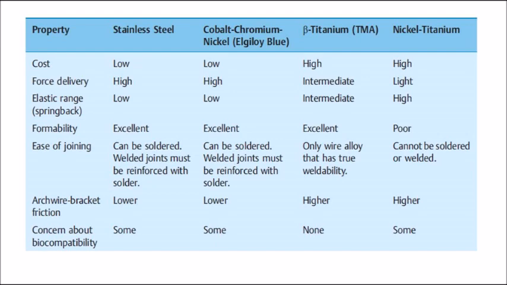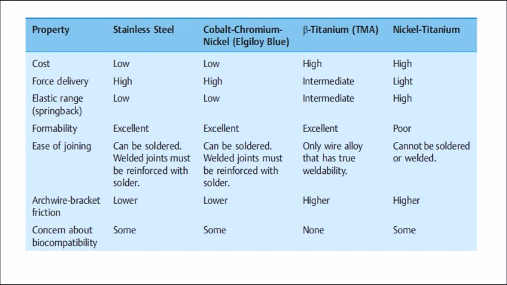Now talking about formability, nickel titanium has very poor formability. You cannot bend nickel titanium wires into any loops or helices. Nickel titanium has the poorest formability, whereas stainless steel, alloy and beta titanium have excellent formability. You can bend the arch wires to make loops, helices and everything.